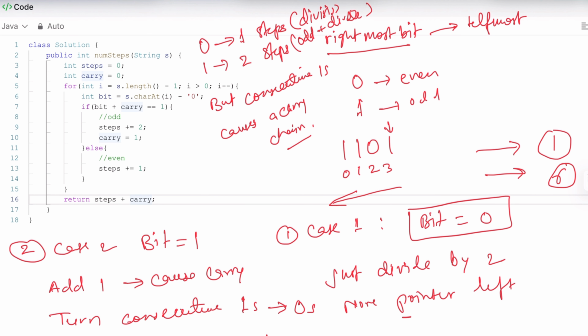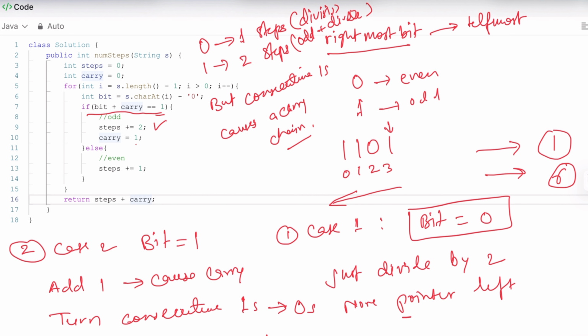Okay guys, that is why, if 0 is there, it will take one step, that is called division, right? So we are adding just 1. If it is equal to 1, as you can see here, we are adding 2 steps, not 1 step.